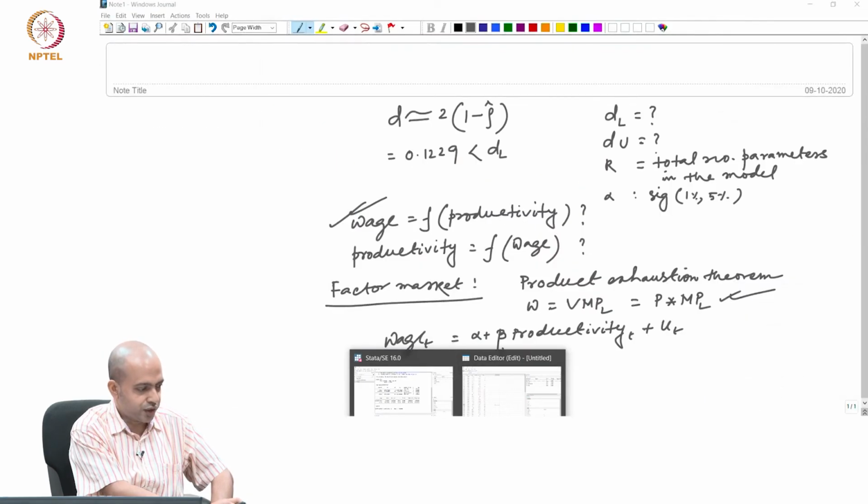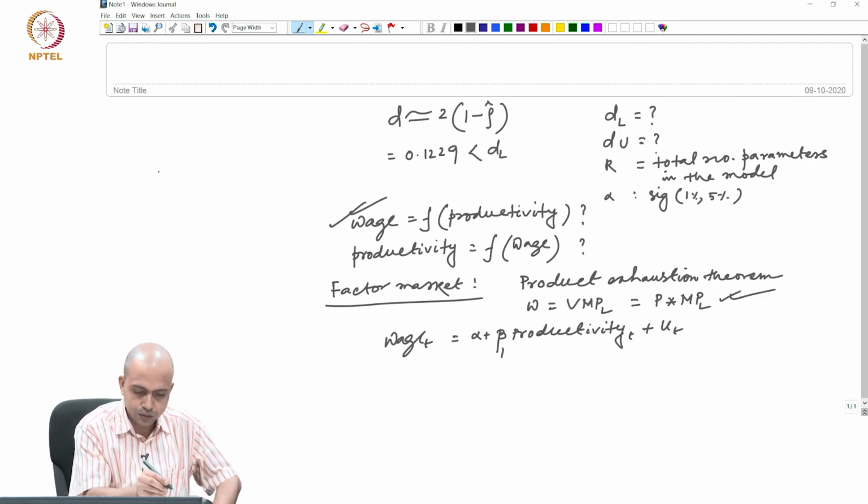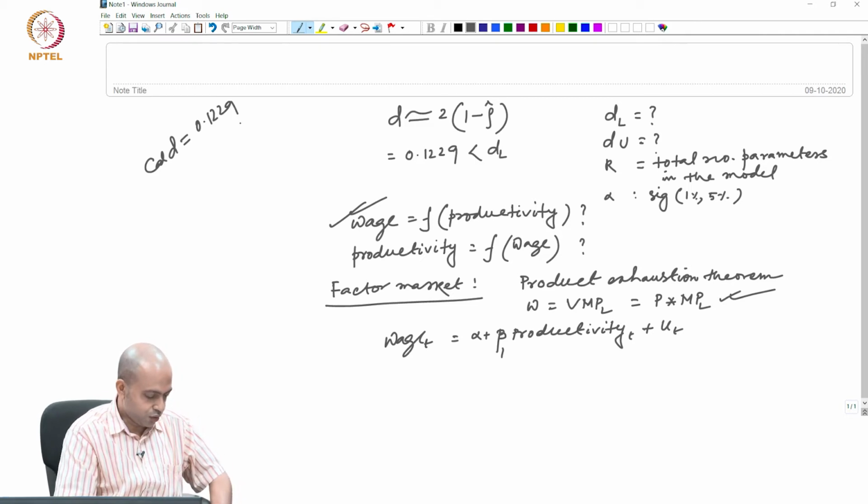0.1229. Okay, that is the value I was writing, 0.1229. So, calculated D equals 0.1229. And then what is your DL at 5% level of significance?